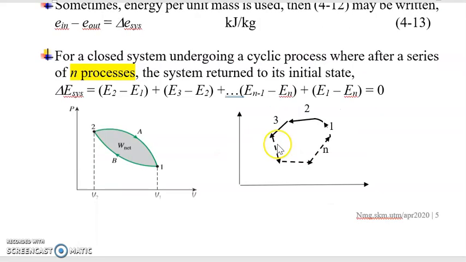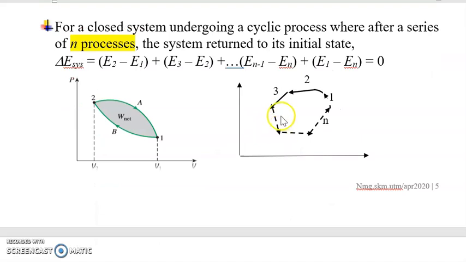Now for a closed system undergoing a cyclic process, what is a cyclic process? We have a series of many processes, say n, where the system is returned to its initial state. If you have only two processes, the minimum in a cyclic process, then going from state 1 to state 2 and back to state 1, the change in the system would have been zero.